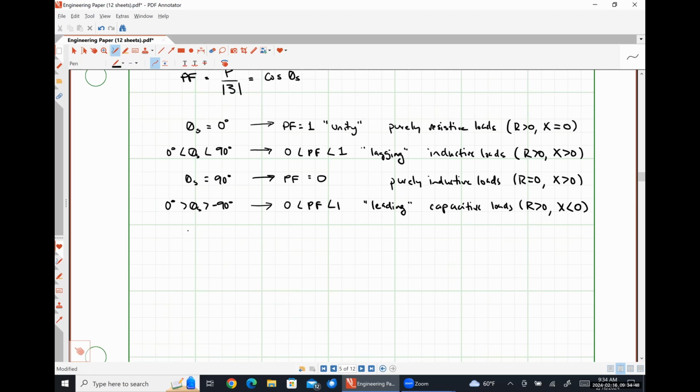And then lastly, we'll look at theta S is equal to negative 90 degrees, in which case, once again, our power factor is 0, and this occurs only for purely capacitive loads.